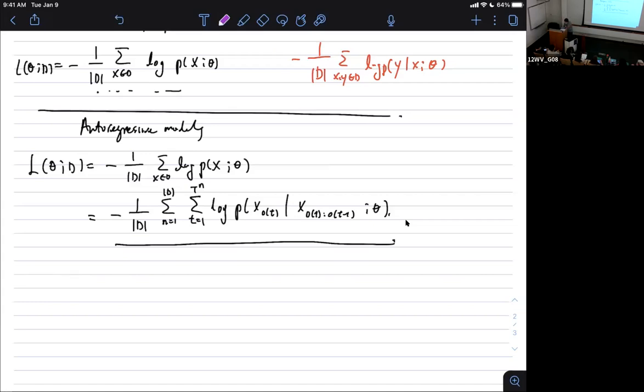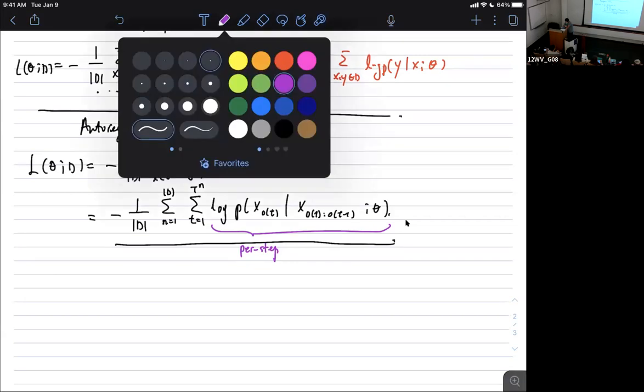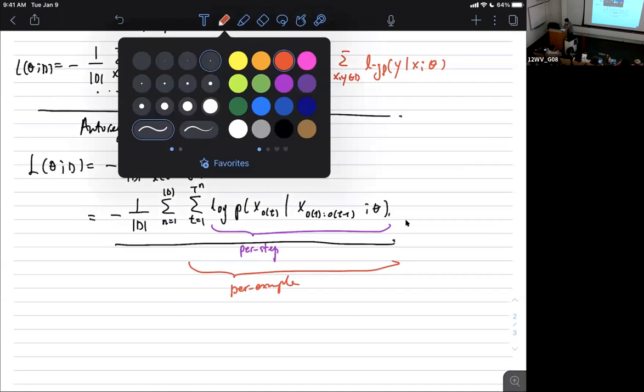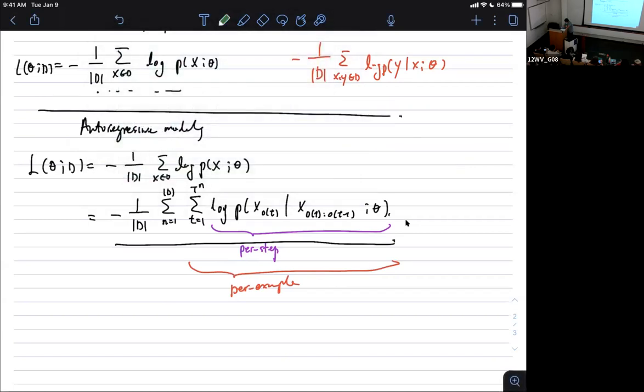The first one is the per-step loss function. The sum of those per-step loss functions is the per-example loss function. And then the average of all those is the total loss function.